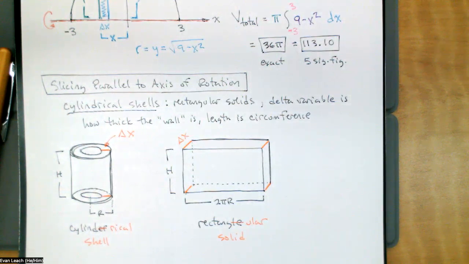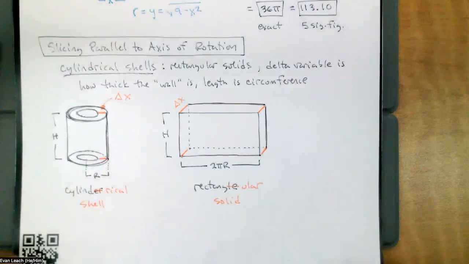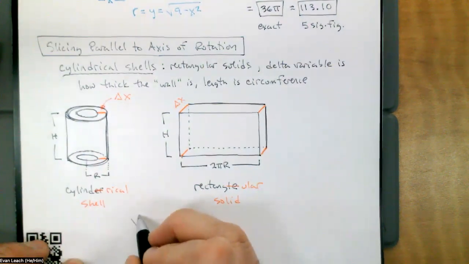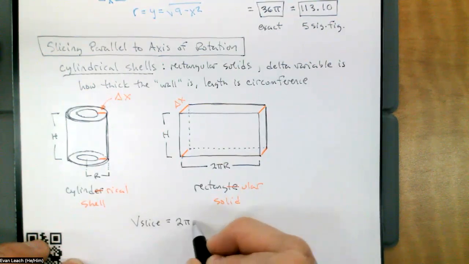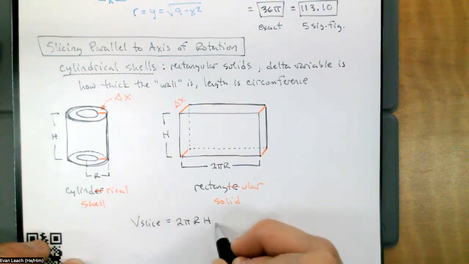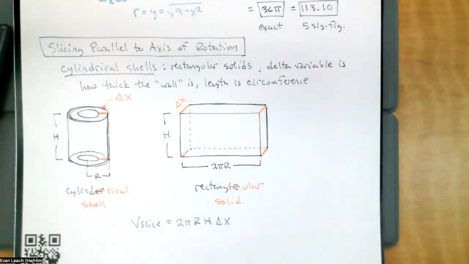So when we are slicing parallel to the axis of rotation, the volume that we're going to use is for this rectangular solid or this cylindrical shell. The volume of the slice will be 2 pi times the radius times the height times the delta variable. So length, width, height.